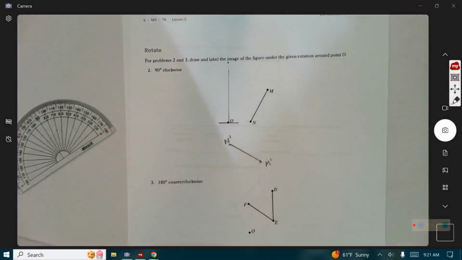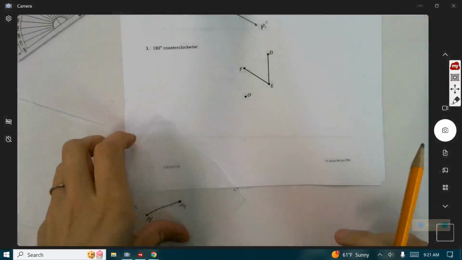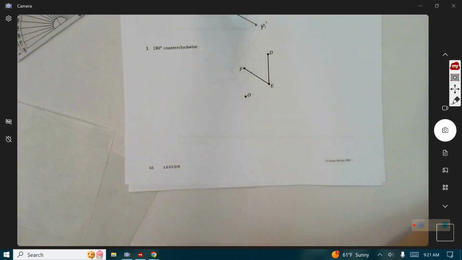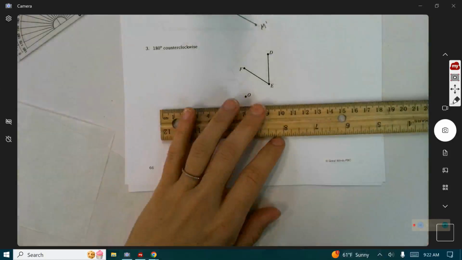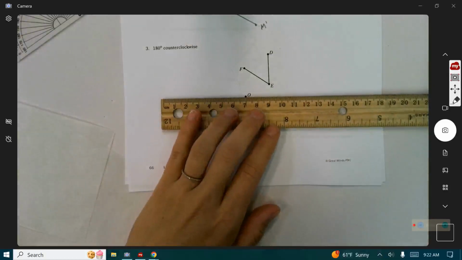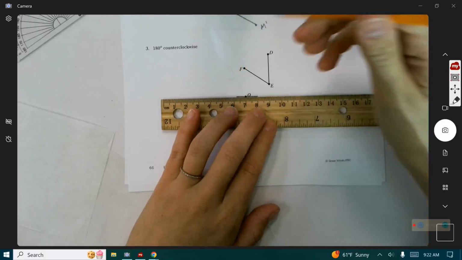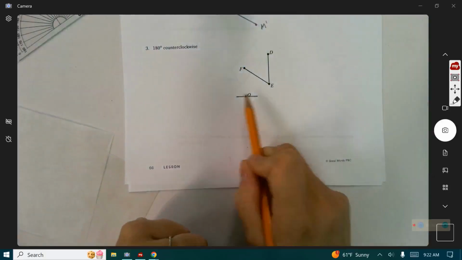All right, for number 3, we are going 180 degrees counterclockwise. So that is going to go the opposite direction of the clock. Again, we're going to start by drawing a line through O. The nice thing about a 180-degree angle is it's just a straight angle.